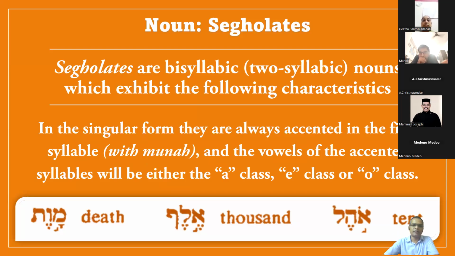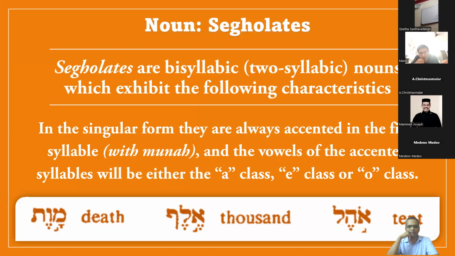The vowel of the accented syllable will be either an A class vowel, E class vowel, or O class vowel.